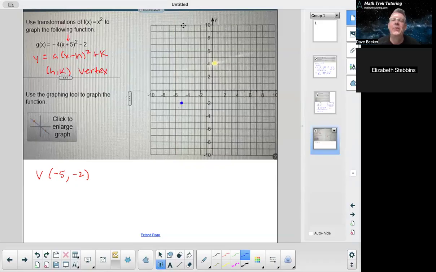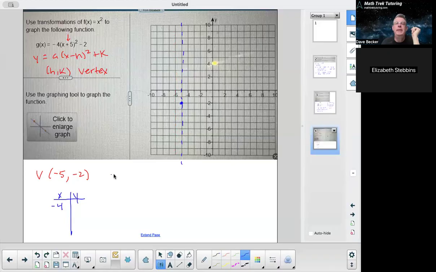Okay. You don't have to draw this. I just did it because of what we are going to do. So, I would choose -4. What we're doing is just finding one other point, right? So I'm going to plug in -4 for x and see what I get for y.